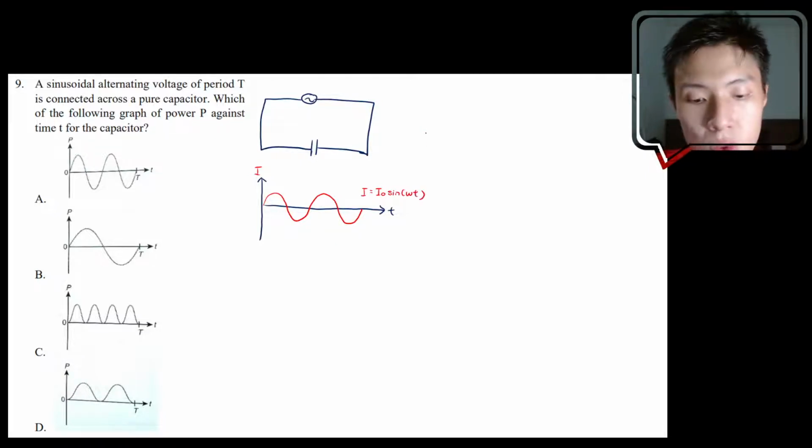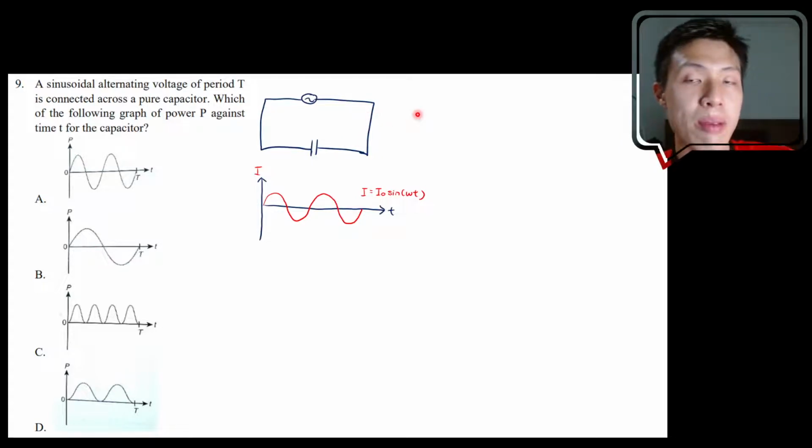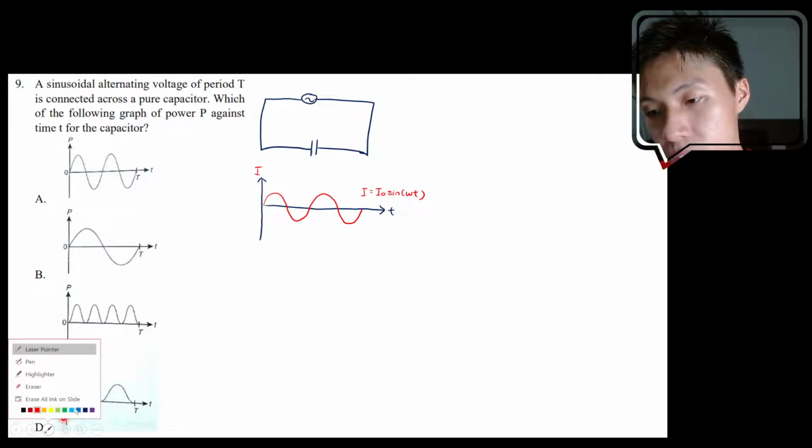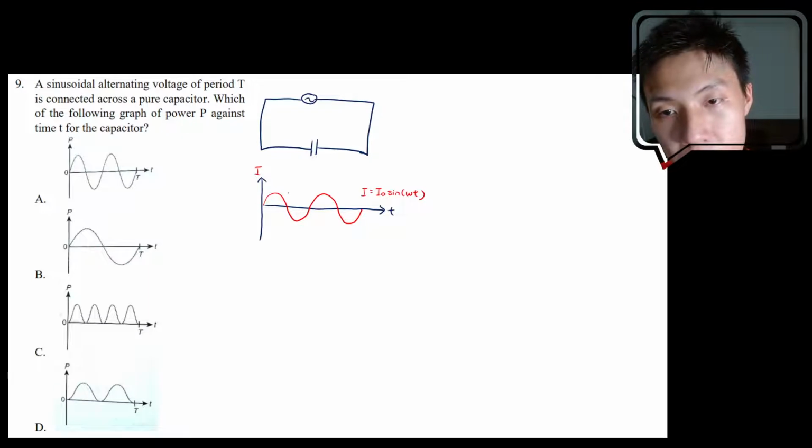But you know that the voltage across the capacitor is going to lag the current by 90 degrees. You know that V lags I by 90 degrees, or V lags I by pi over 2, for a pure C circuit. That's why for the graph of V, it will reach the peak later than the current peak. It will reach the trough also later. So if you draw the situation, it'll be something like this.